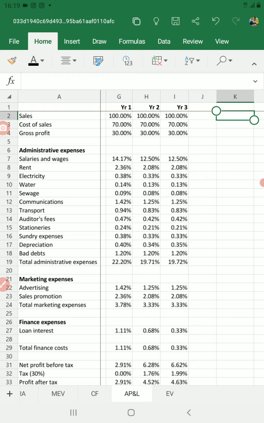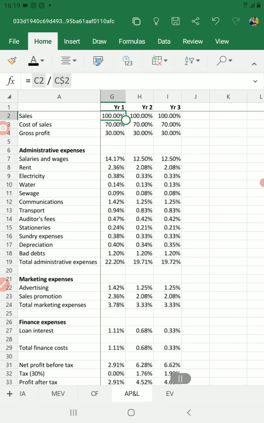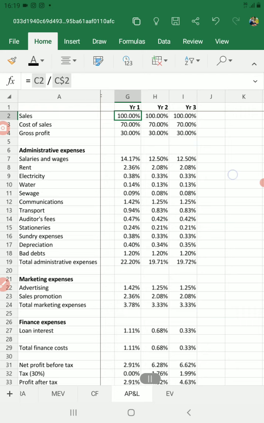The first one is using a baseline, so in this case year one is going to be our base year for conversion of the future years, and the other method is year over year. With year over year we compare the current year with the previous year. So let's start with our baseline approach by taking year one as our base year.